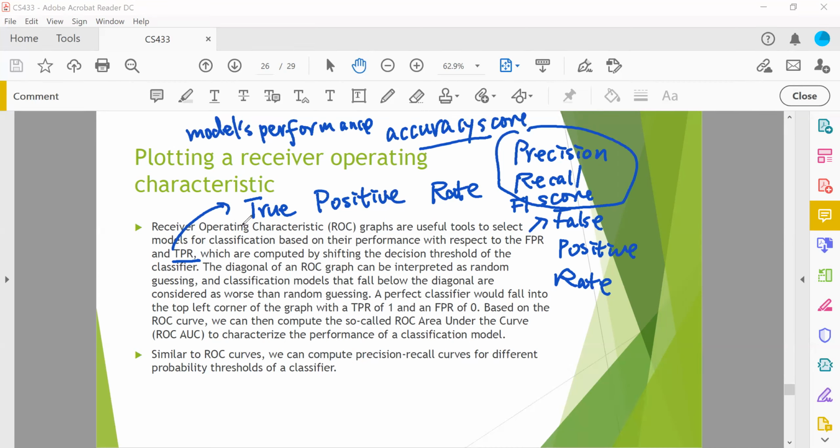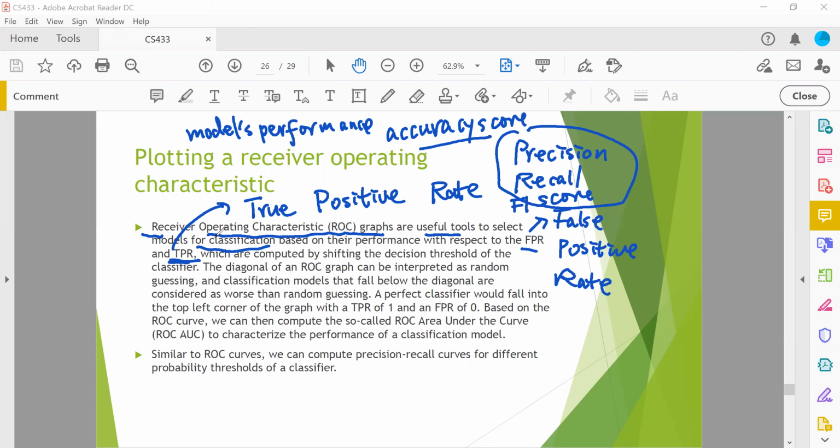And there is another graph, called the ROC graph. What is the ROC graph? It's a receiver operating characteristic graph. This graph is also a useful tool to select a model for classification. It uses the true positive rate and the false positive rate to select the model.